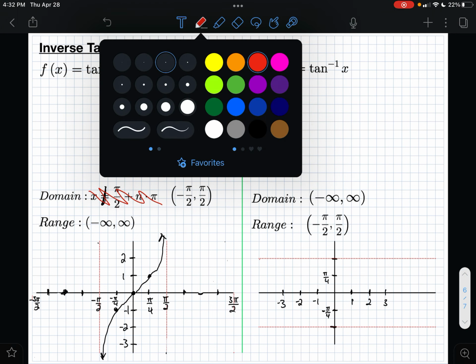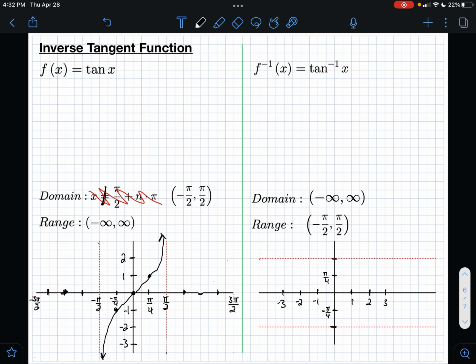In between then, we have to pass through the same 3 points but reversed. So instead of pi over 4 comma 1, we will have 1 comma pi over 4. 0, 0.